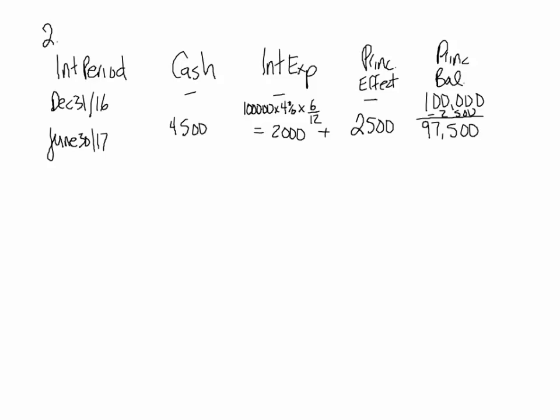All right, so let's go back to our chart. We're going to continue on with this, but now we're going to do December 31st, 2017. Again, you'll notice that the principal impact is going to be the same. The principal impact is always going to be $2,500. And if we could continue this chart down, we would simply write for every single 6 months, $2,500.